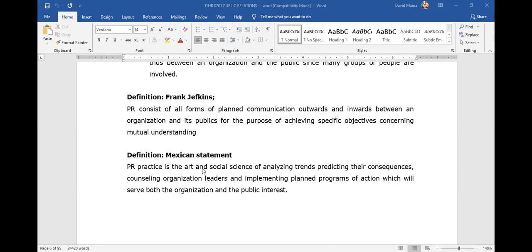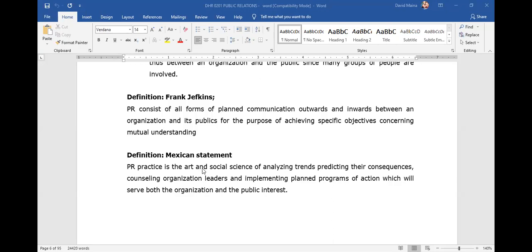So when you talk about publics, they do not mean just people. Public is a group of people. But these groups of people are classified into various categories. Like, for example, we have the media. Media is a public of public relations. We have the community. The community is another group that is known as publics.